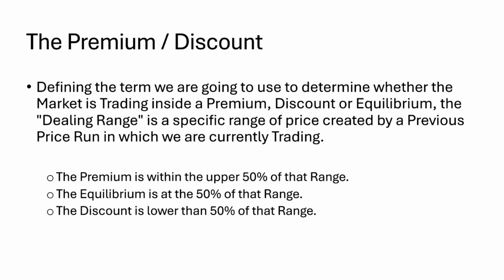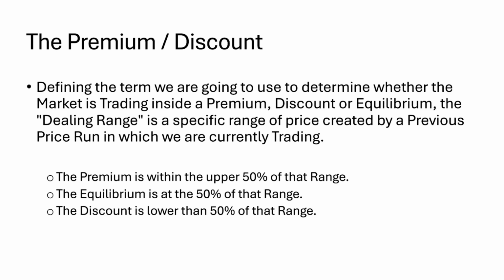We're going to look at specific swing lows and swing highs, and the ones that we're going to look for are the ones that take other swing highs and lows, exactly as I've explained to you in the previous example.